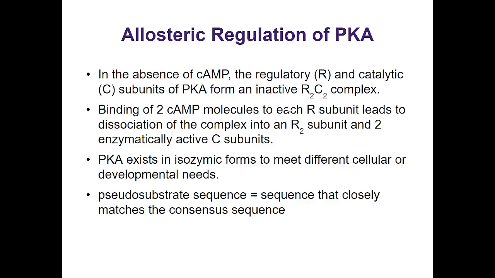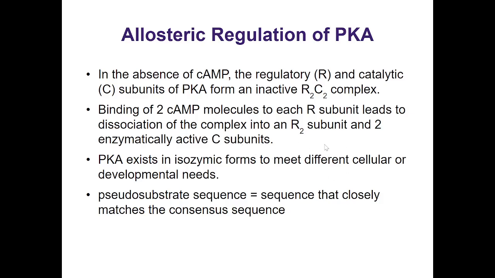The binding of two cAMP molecules to each of the R units, remember those are the regulatory units, is going to lead to the dissociation of the complex. This is going to be into an R2 subunit and two enzymatically active C subunits. Notice, by the way, the R2 subunit stays together. The C subunits do not stay together. See that? They are two enzymatically active C subunits.